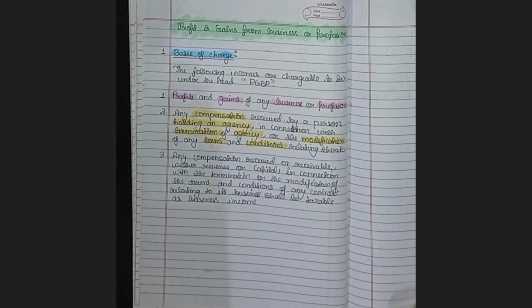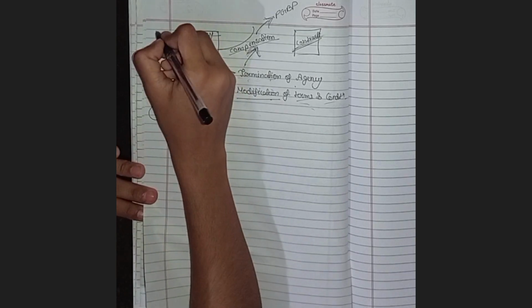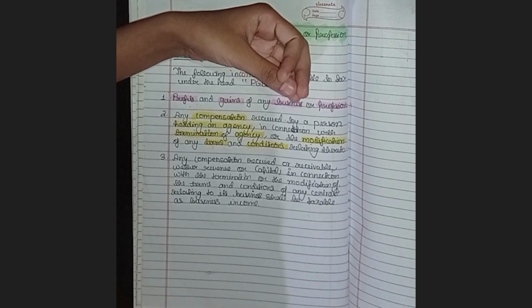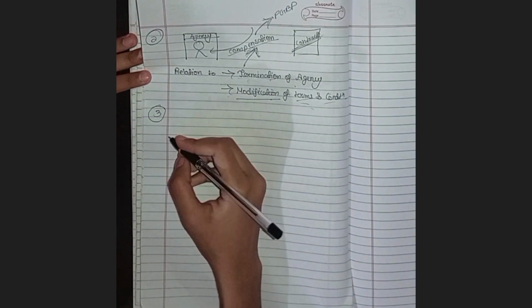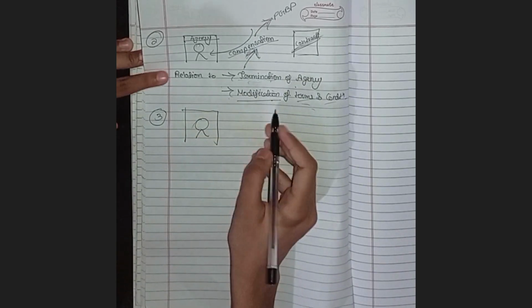So what is it saying? The third point says that, any compensation received or receivable. We receive, it could be any person or anything.